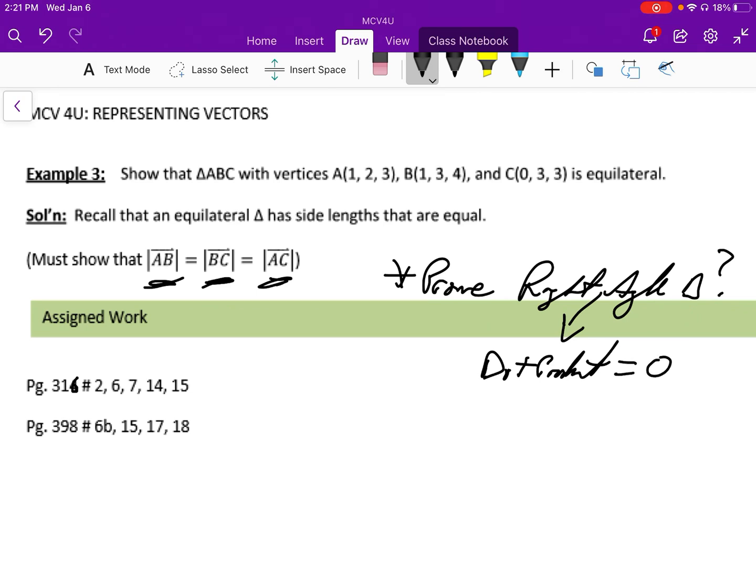If that were the case, and I don't believe it is in this case, that's how you would show that something is perpendicular or not perpendicular. If it's not 0, it's not 90 degrees. So that's just the idea there.